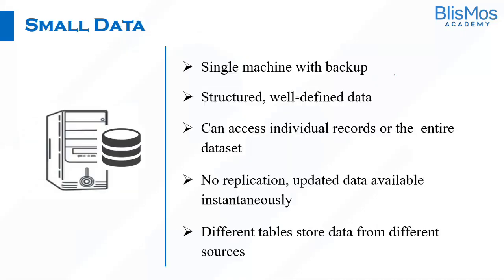For a small data, we'll have a single machine with a backup. Mostly, we would have a structured or well-defined data. And also, we usually access the individual records. And we would have not done any replication, and we'll have mostly data available instantaneously. In the small amount of data, usually different tables would store the data from different sources.